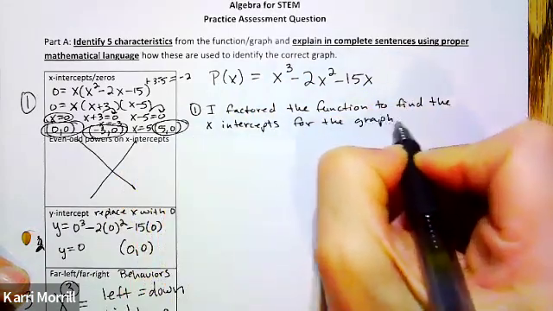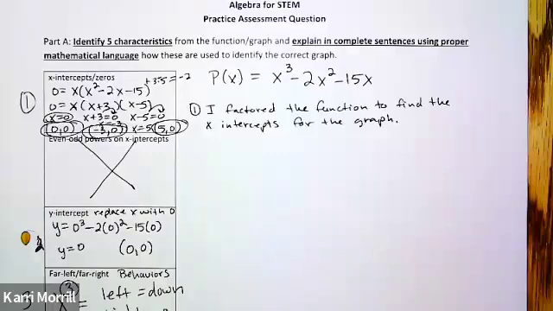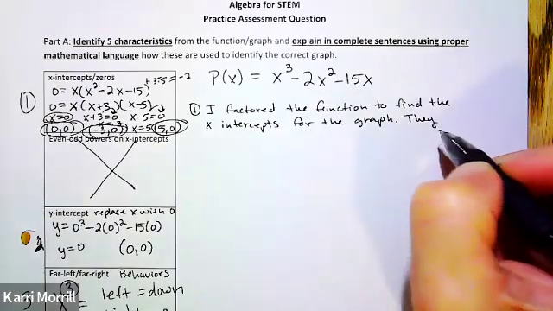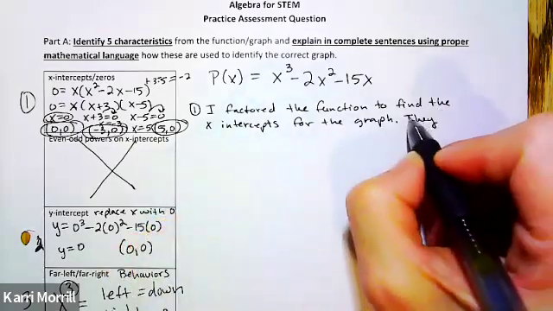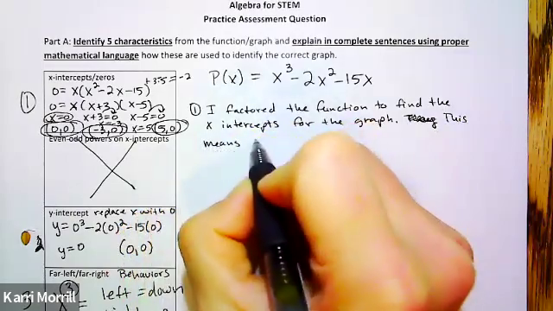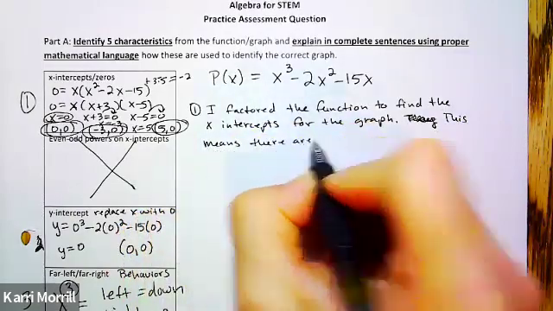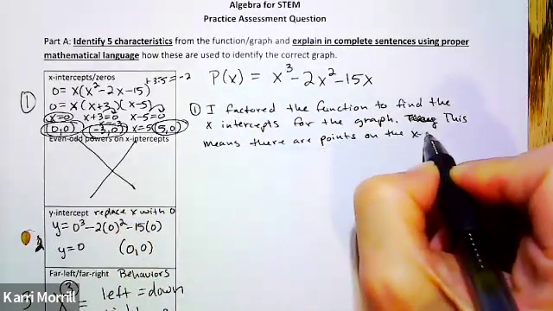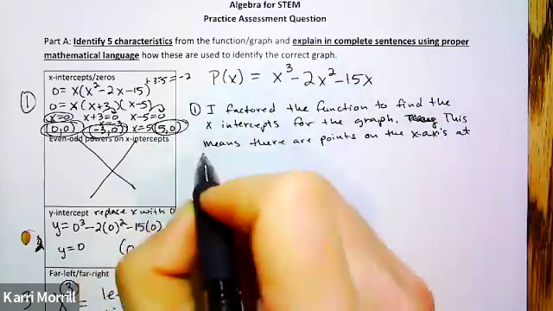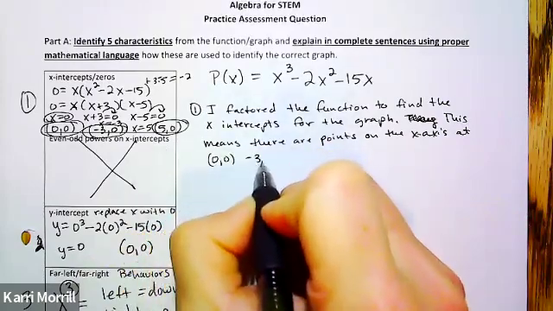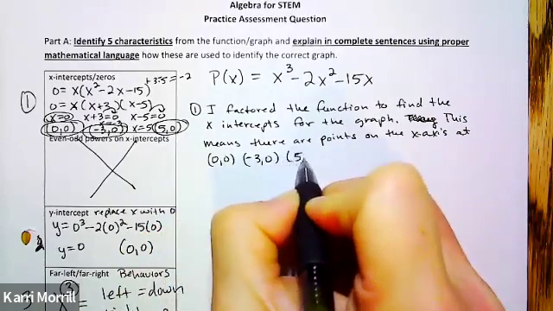So we used some mathematical language. Factoring is a mathematical language. The function is a mathematical language. And in words, you need to actually state, this means there are points on the x-axis at, and then you can identify those ordered pairs at (0, 0), (-3, 0), and (5, 0).